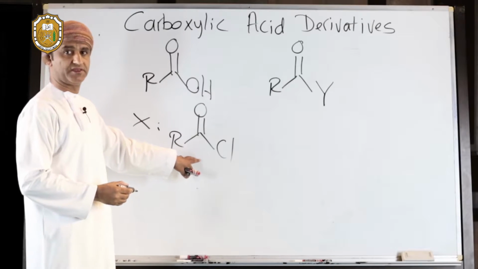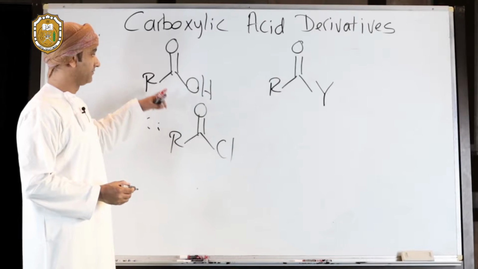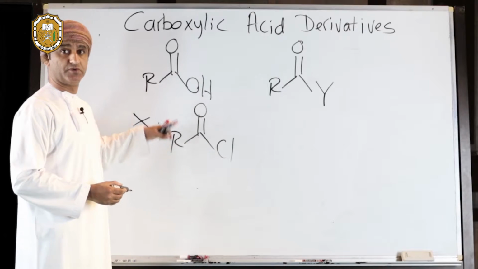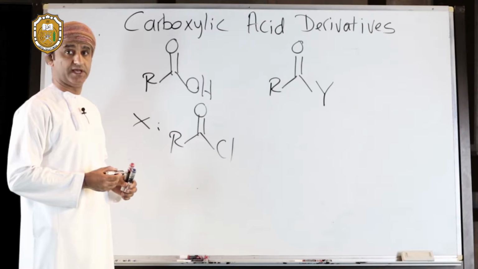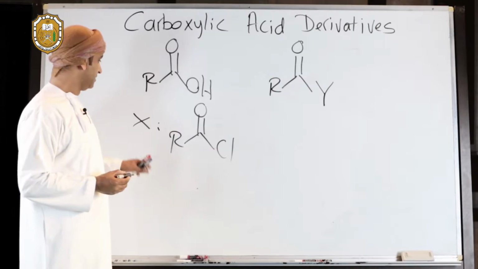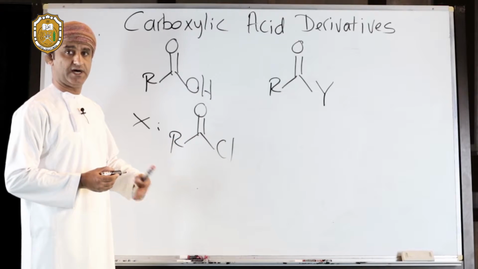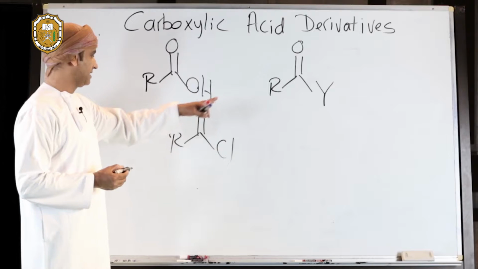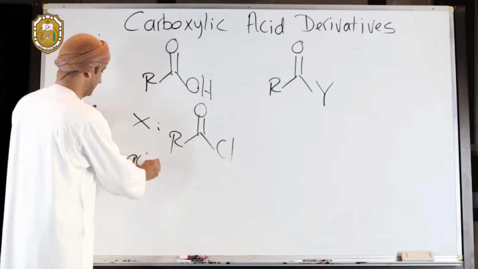So an acid chloride, therefore, is viewed as a derivative of carboxylic acid. And we have seen before that carboxylic acids can be converted into acid chlorides. Not only can X be Cl, obviously, it can also be Br, I, or F. So Y can be X, and therefore it's an acid halide.